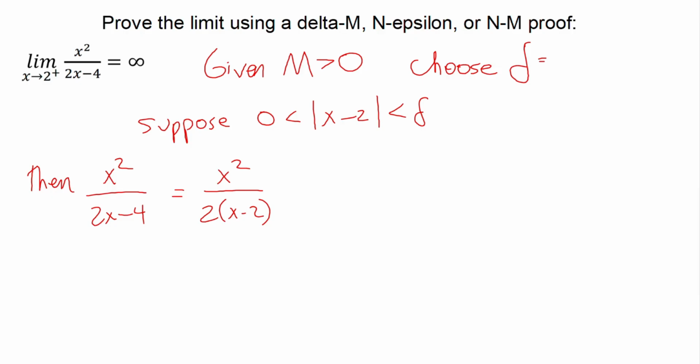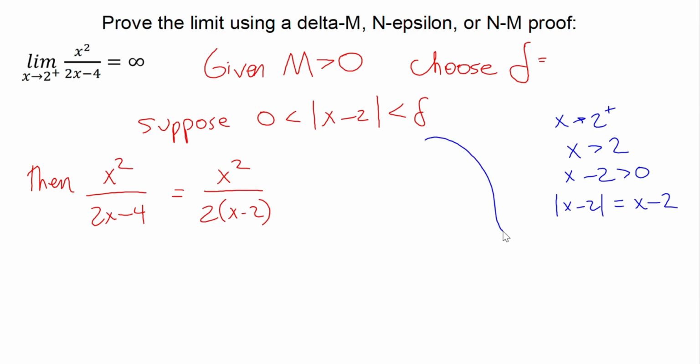So we'll do that same work off to the side as we've done previously. We'll just say as x approaches 2 from the right, x must be greater than 2, which means that x minus 2 must be greater than 0, which means that the absolute value of x minus 2 is equal to x minus 2, which means from here that x minus 2 is less than delta, or 1 over x minus 2 is greater than 1 over delta.